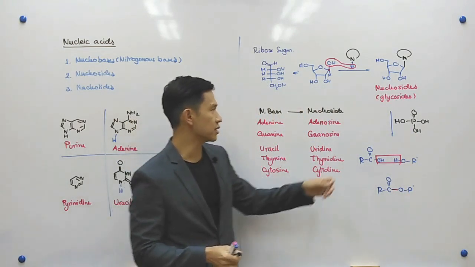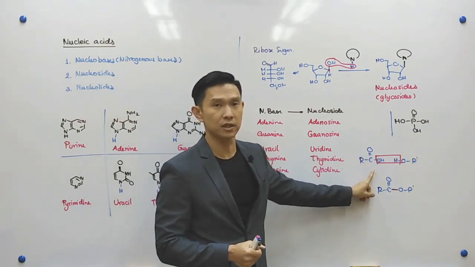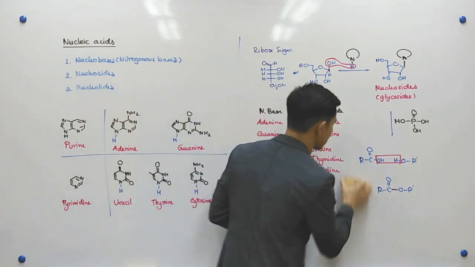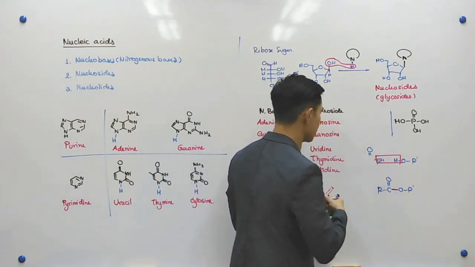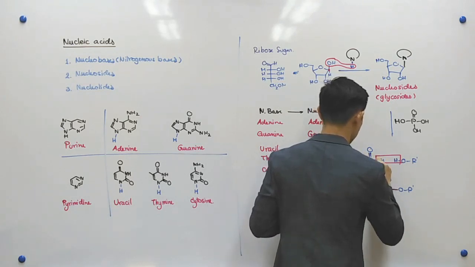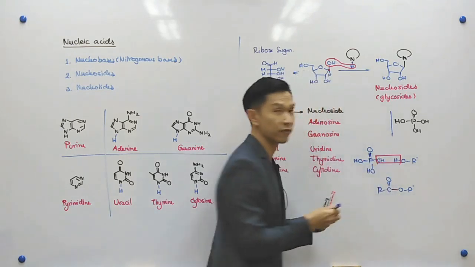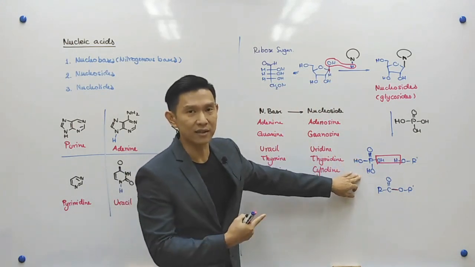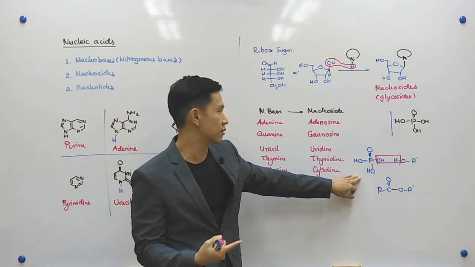Now, instead of using carboxylic acid, we are now using phosphoric acid. So what is the structure of phosphoric acid? You substitute carbon atom with phosphorus in the middle, but your phosphorus still contains 3 OH groups over here. So this is phosphoric acid. So it's exactly the same as carboxylic acid condensation, right?